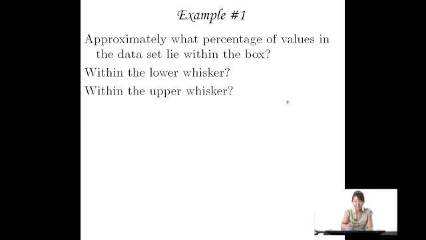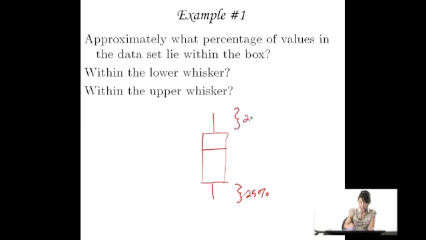Now let's go on to some examples. So approximately what percentage of values in the data set lie within the box, right? So that box with those whiskers, what percentage of the data lie in there? Well, we know that this is 25% of our sample, as well as this is also 25%.